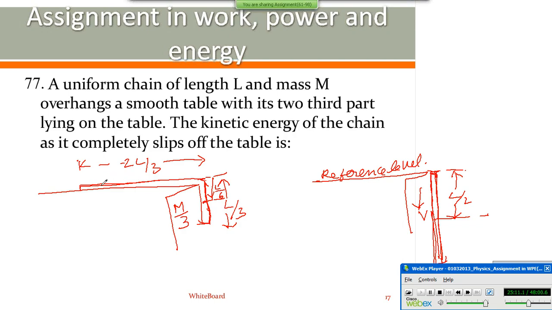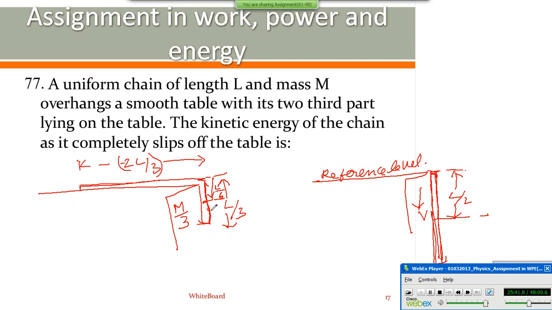In the initial position of the chain, the gravitational potential energy of the part of the chain lying on the table can be taken as 0, because we are choosing the table surface as the reference level. If the potential energy is taken as 0 at the surface of the table, then gravitational potential energy will be negative when the chain is below the surface.